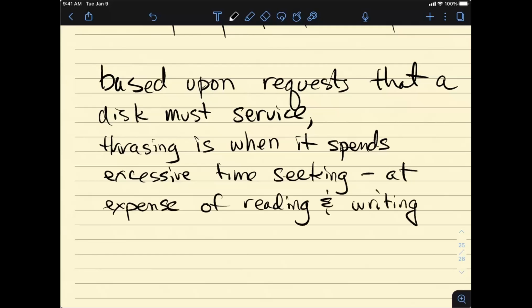So reading and writing, those are the productive parts, right? So the time that you spend getting there is in some sense wasted. It's wasted time.